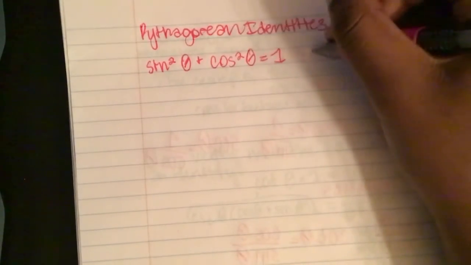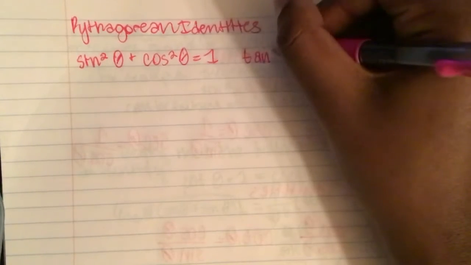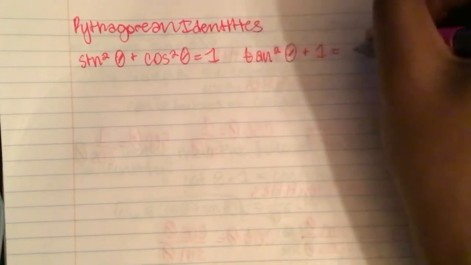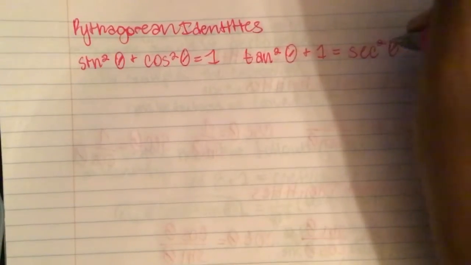Now we're going over Pythagorean identities. So sine squared of theta, or sine of theta squared plus the cosine of theta squared equals 1. And then here, writing the tangent of theta squared plus 1 equals secant of theta squared.